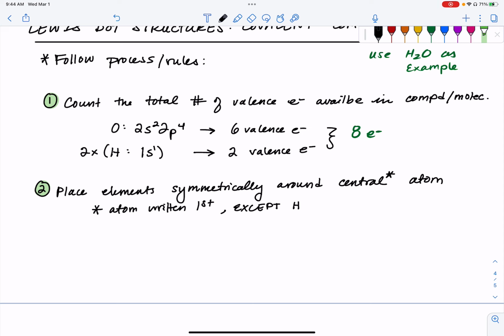So if hydrogen's written first, like it is here in our H2O example, then we would use oxygen as our central and not the hydrogens.